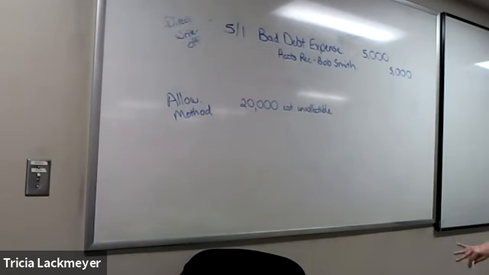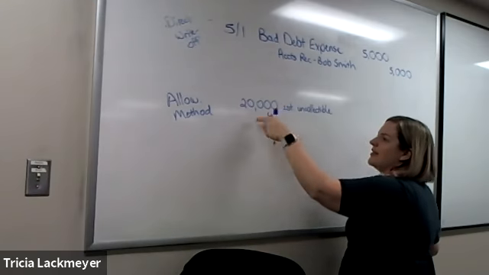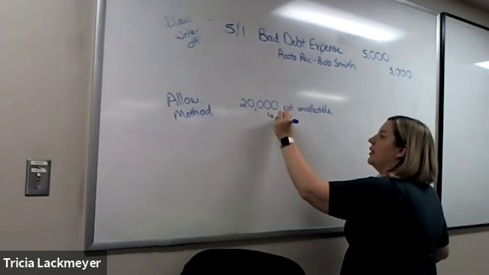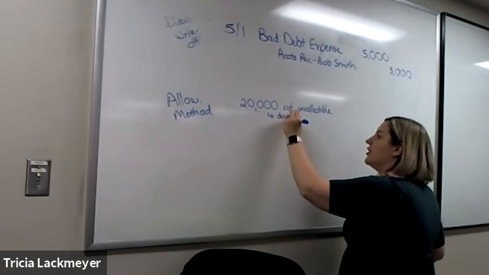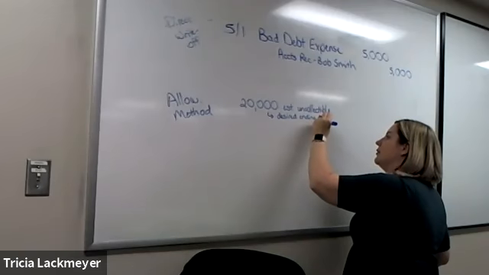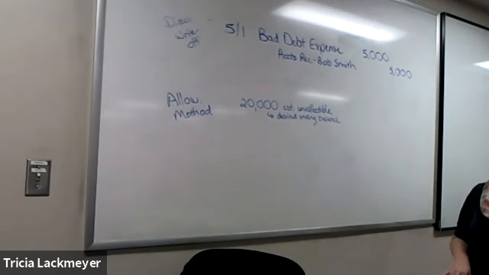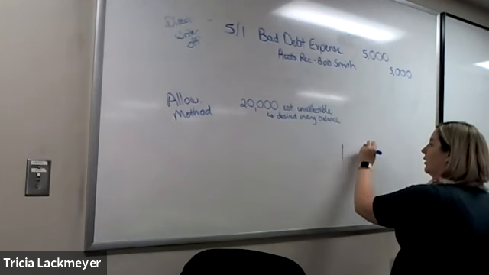I'm making this up. 20,000 is estimated uncollectible. If you remember, whatever we get, this is what we get from our aging schedule. This amount is our desired ending balance. Okay. So say we did our schedule, aging schedule, and 20,000 is what we came up with. That's our desired ending balance in allowance for doubtful accounts.